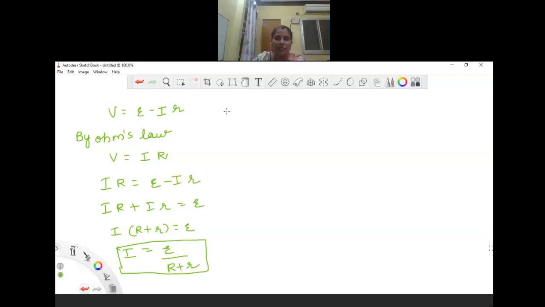Now let us consider when R is equal to 0, then I will be the maximum, that is E divided by r. So when R is equal to 0, we can draw the maximum amount of current from the cell, but normally that is not possible.